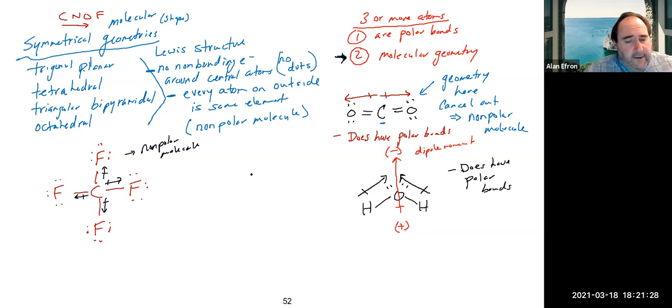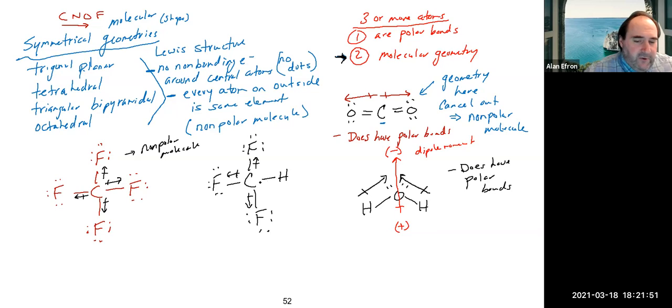But what happens though if we took one of those fluorines and we swapped it out for hydrogen, for example? Well, we still got our polar bonds heading towards fluorine. But now on the right-hand side here, we have a carbon-hydrogen bond.